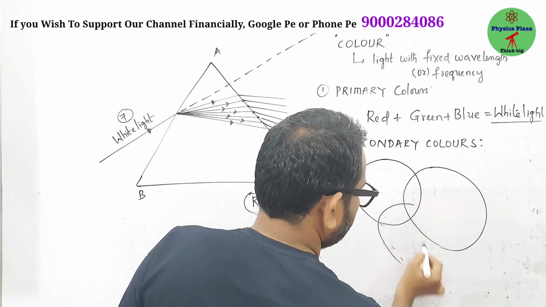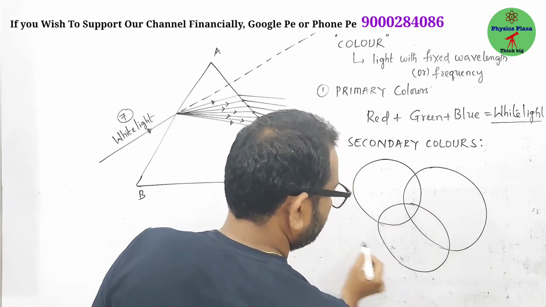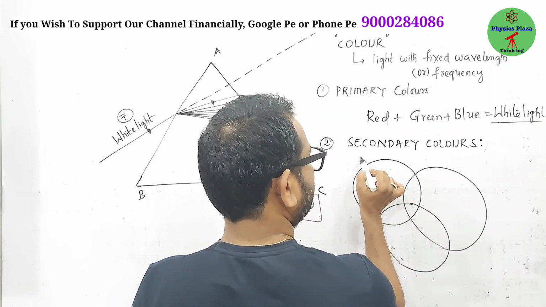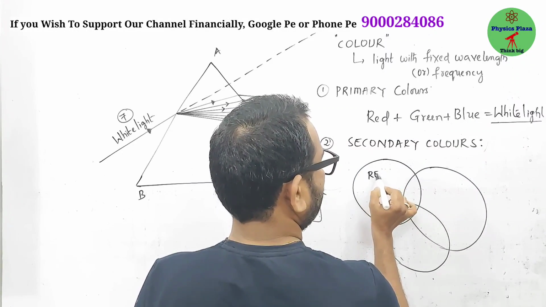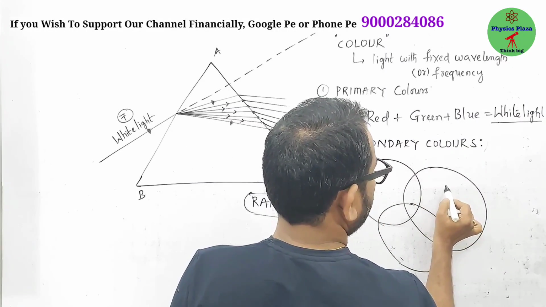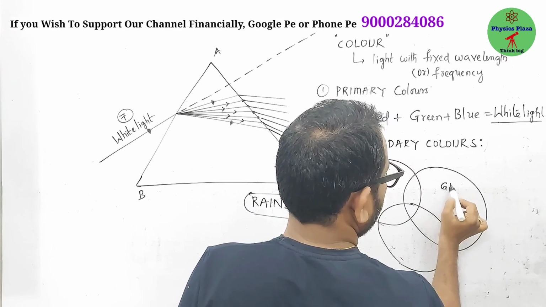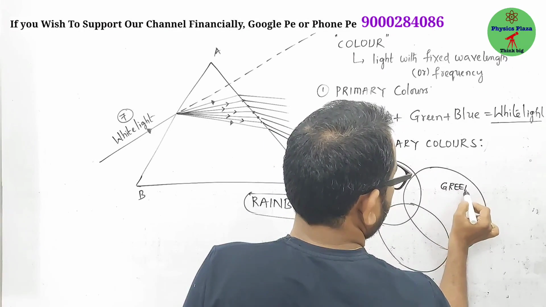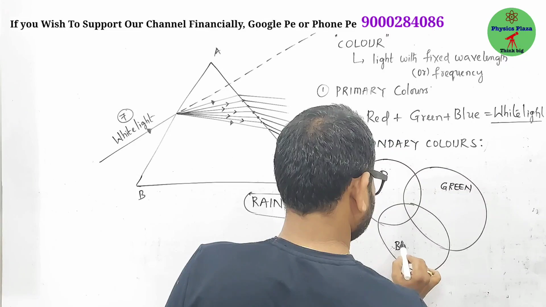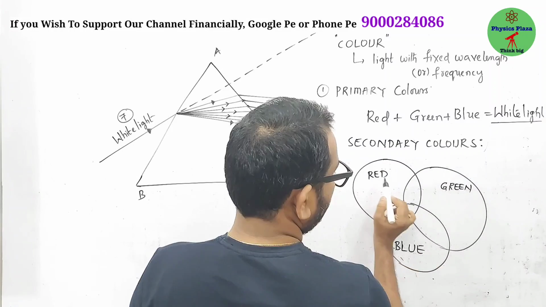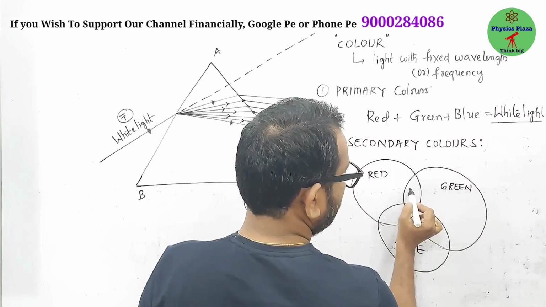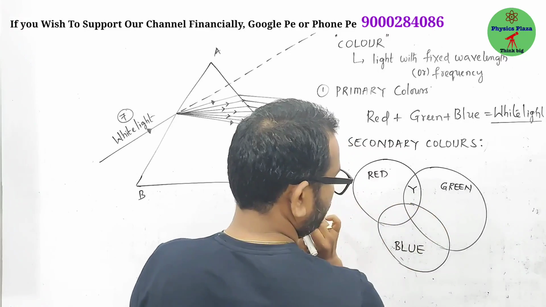Okay, look here, this is red, this is green, this is blue. When you add red and green, you will get yellow.